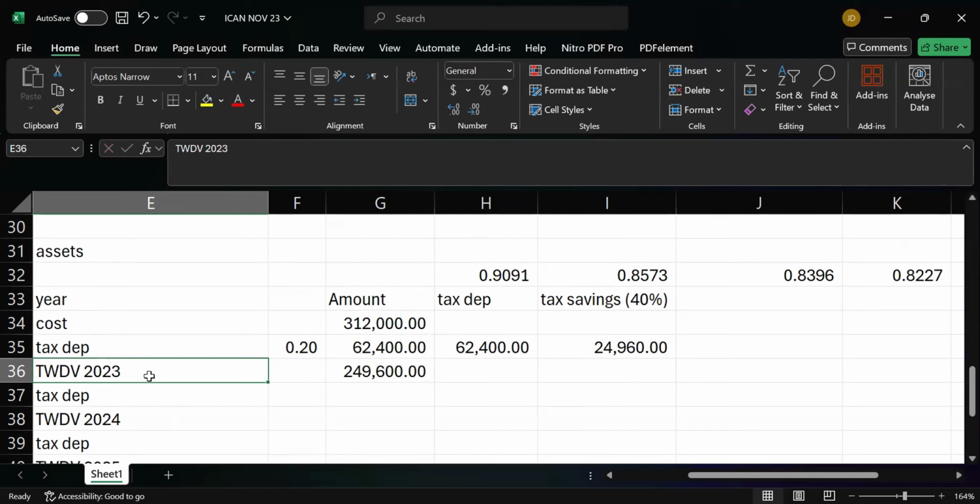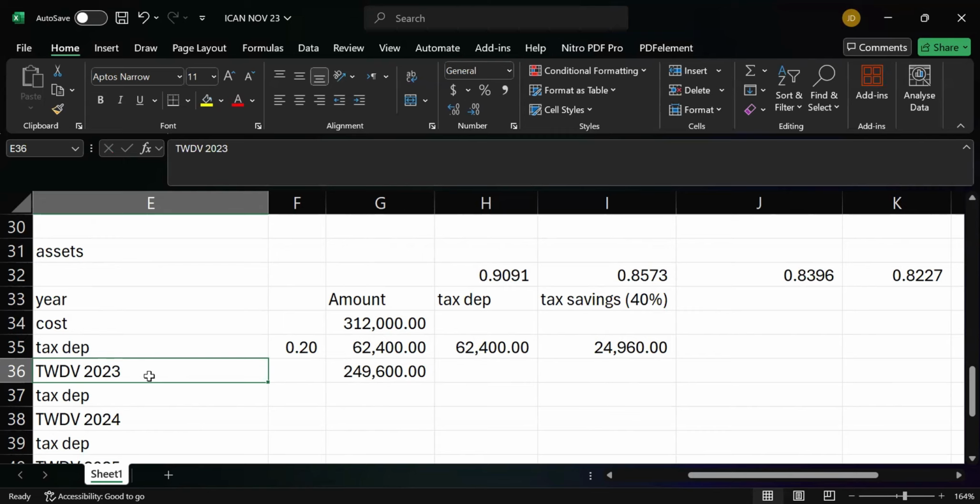Because normally you take your tax depreciation from year one to the end of the project. But in the question, we're told that tax depreciation will be claimed at the earliest possible time. So since the asset was bought on 31 December 2023, the examiner decided to take the tax as at 31 December 2023, which is when the asset was bought.